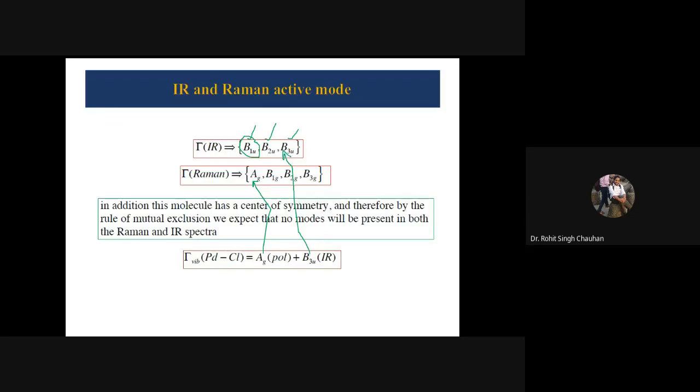So with respect to the PDCL bond, one mode is responsible for polarizability and another is responsible for IR. Okay. Now you have segregated which one is IR and which one is Raman. Now next. It simply concludes that in the tau vibrational, one mode is IR active and one mode is Raman active. I used to represent POL, meaning polarizability, that corresponds to Raman here, and IR, you know that.